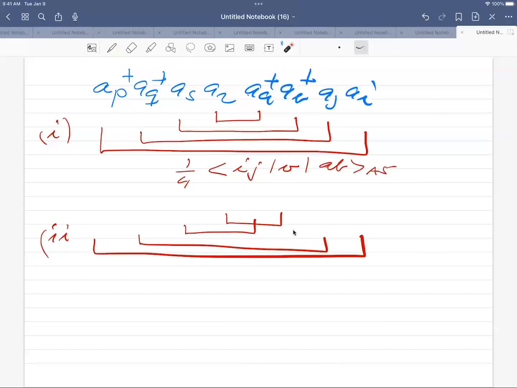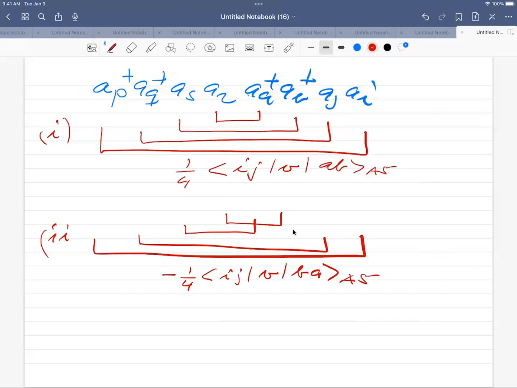So I need to permute A, S, and R. That gives a minus sign. And when I set up the Kronecker deltas, what I will get is minus 1 divided by 4, due to that interchange of the operators. I and J are the same positions, but now I have B and A anti-symmetrized.